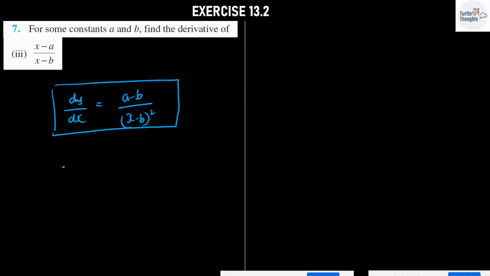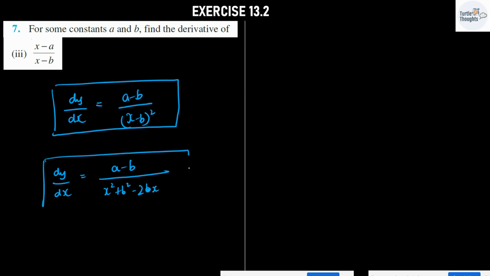You can either leave it like this, or you can expand the denominator as well: (a minus b) divided by x square plus b square minus 2bx. This is your final answer.